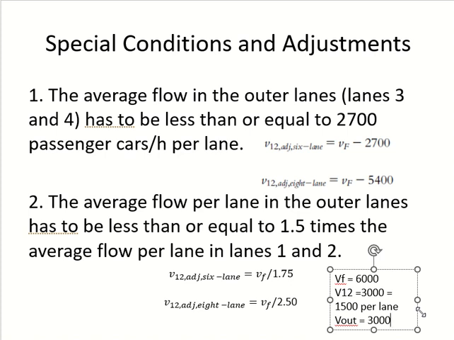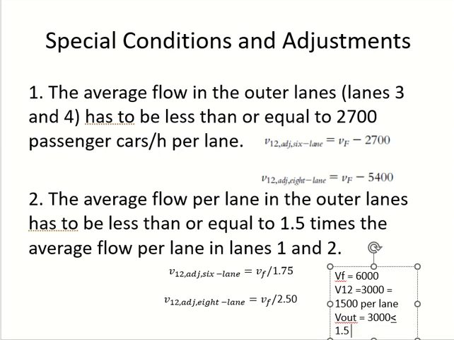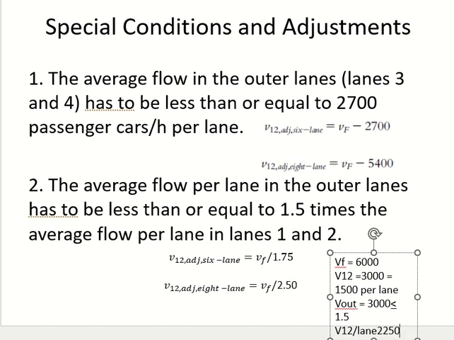So how much is 1.5 times this value? 2250. This should be 1.5 V12 per lane. So what is 1.5 of this? 2250.